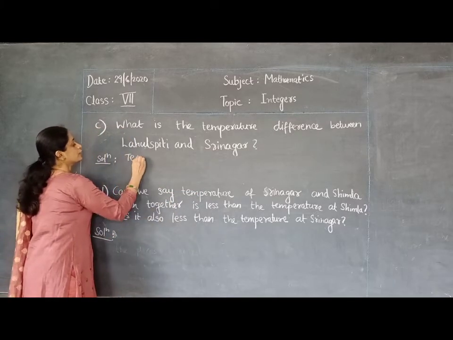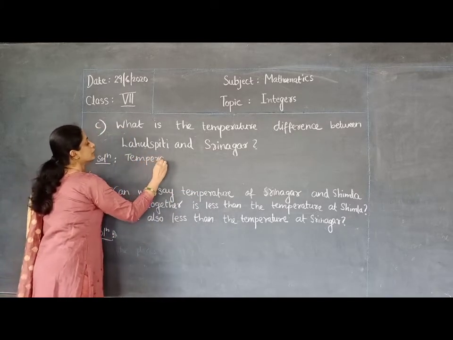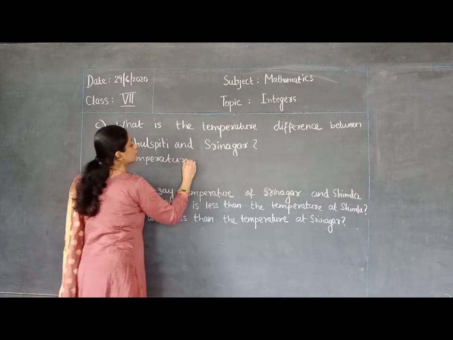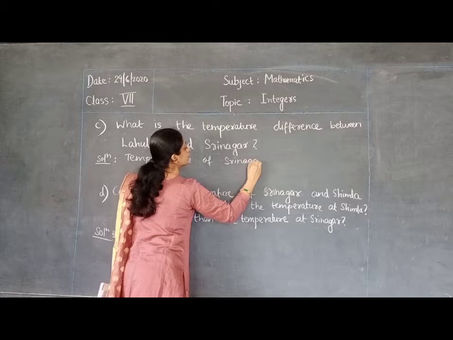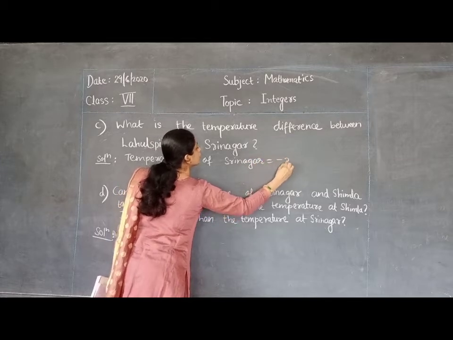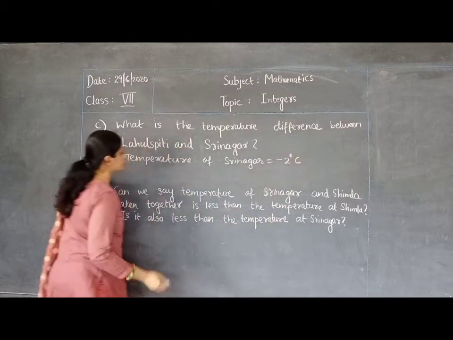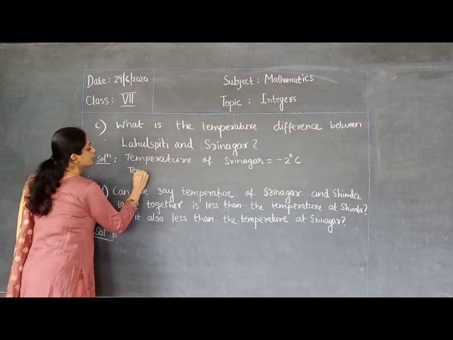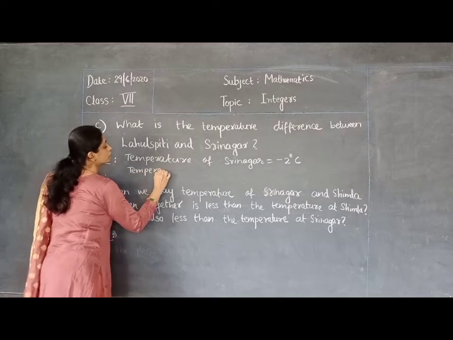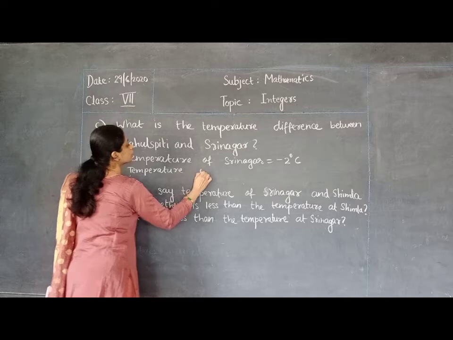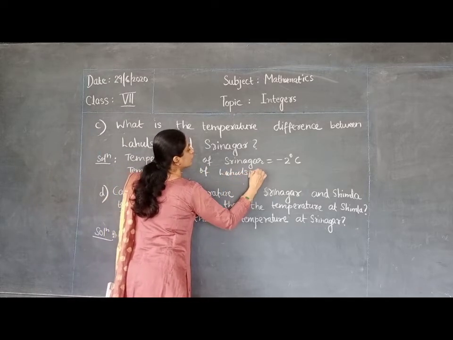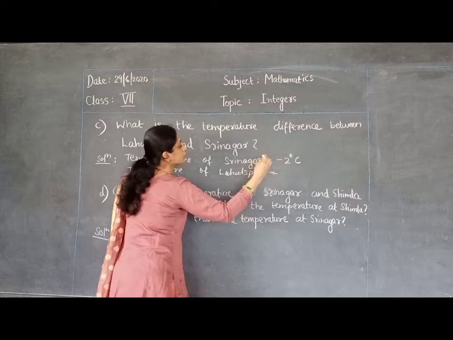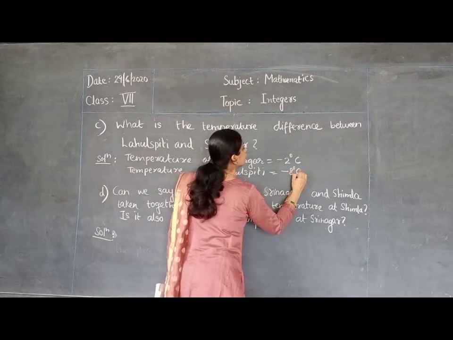So temperature of Srinagar, that is minus 2 degree Celsius, and then temperature of the second place, that is Lahul Spiti, is minus 8 degree Celsius.